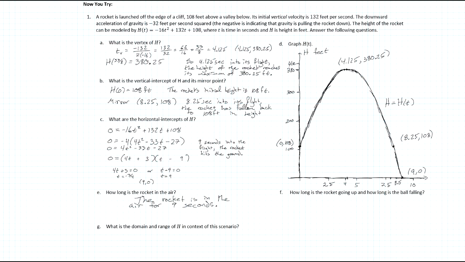How long is the rocket going up, and how long is, oops, that should say rocket there. That's a copy-paste error from the previous problem. So the rocket is rising for the first 4.125 seconds.